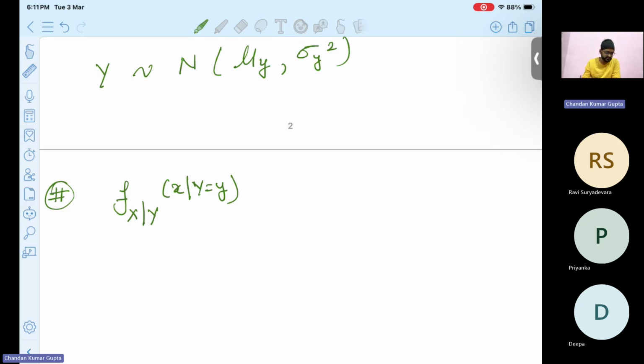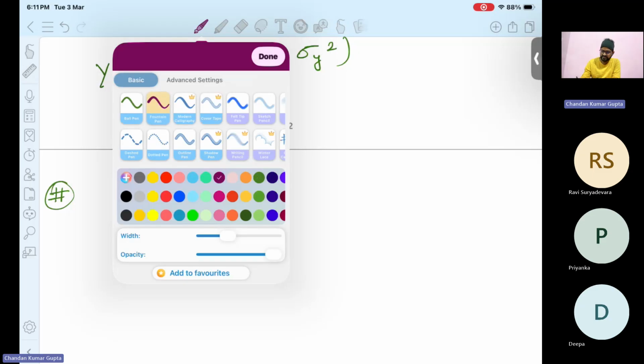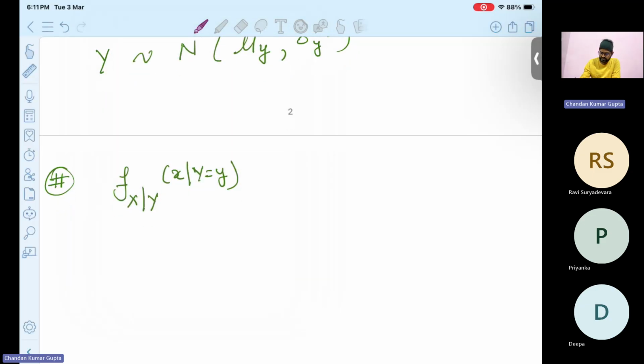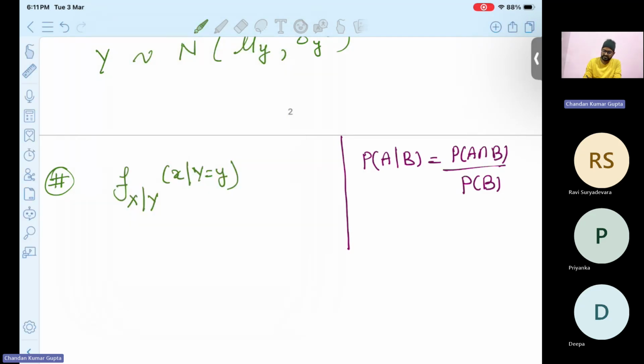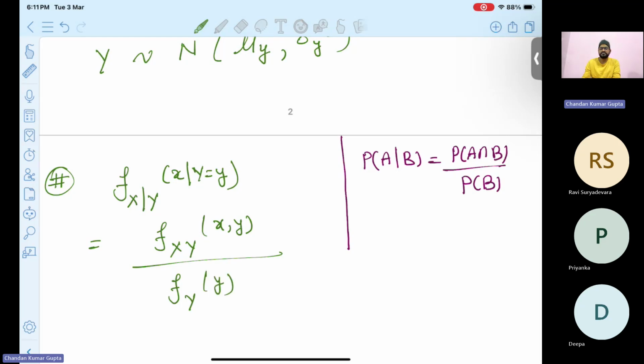As you remember already, we write the probability of A given B as the probability of A intersection B over the probability of B. In the same way, we can write f(x given y) as the joint f_XY divided by the given condition, that is f_Y(y).